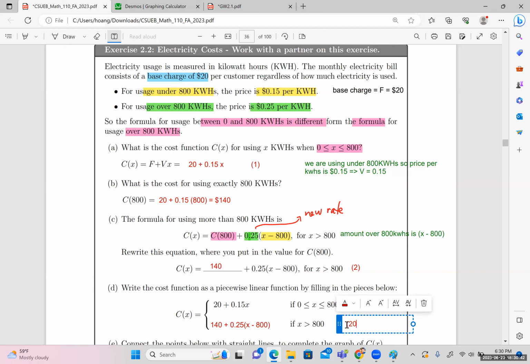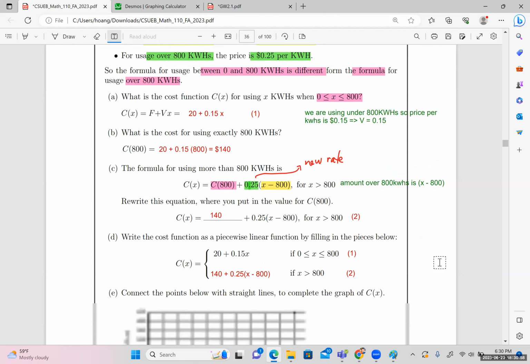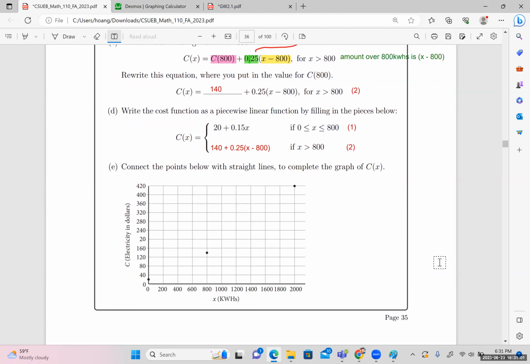So I need to write the functions for both cases here, all right? Okay, so part E, we connect the points below with a straight line to complete the graph of C of x.